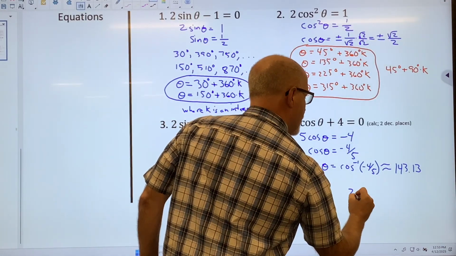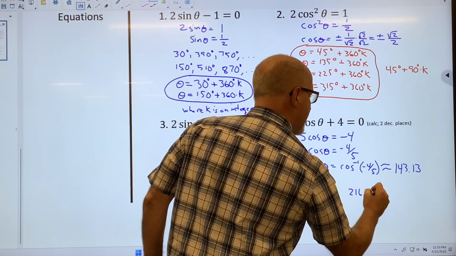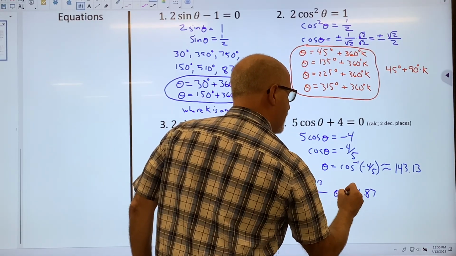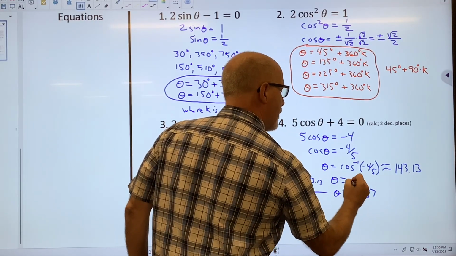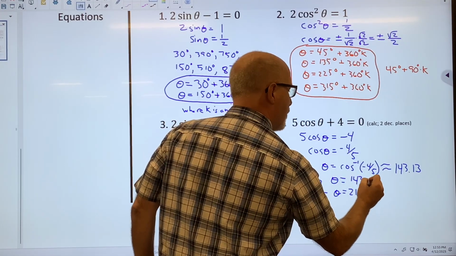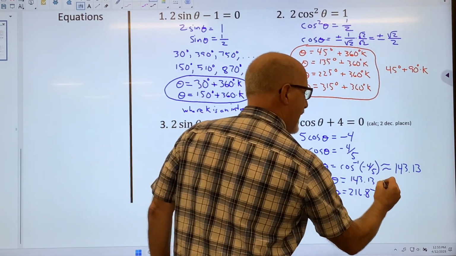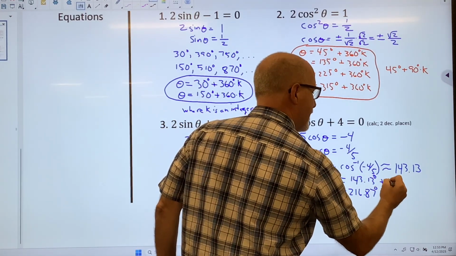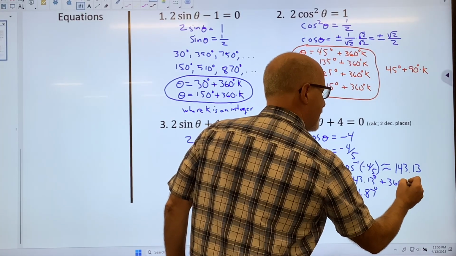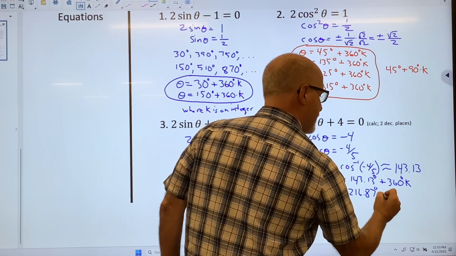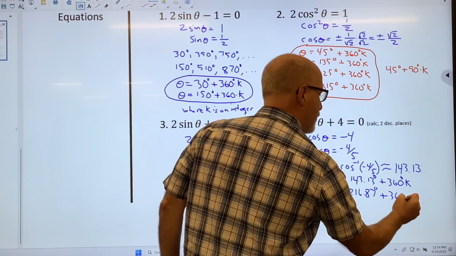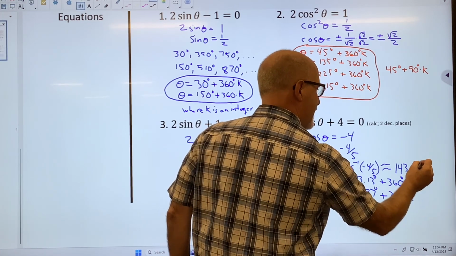So 216.87, that will be one angle. My other angle will be 143.13, and then I'm going to add 360k onto both of these to get the multiples that would allow me to get the answer.